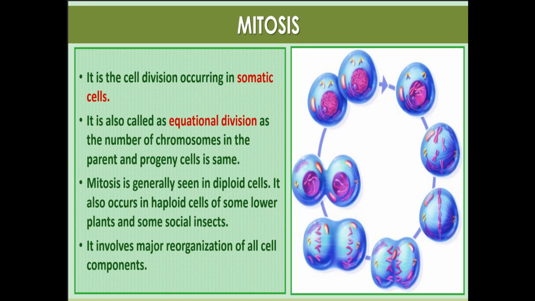Mitosis is generally seen in diploid cells. It also occurs in haploid cells of some lower plants and some social insects. It involves major reorganization of all cell components. So write the first two points.